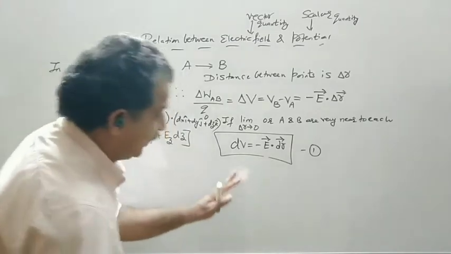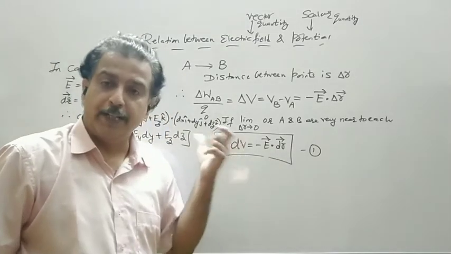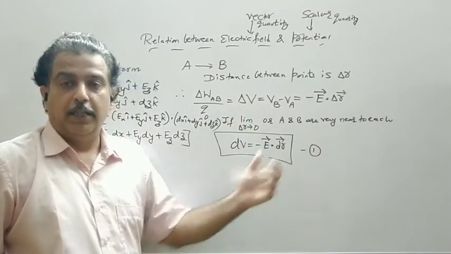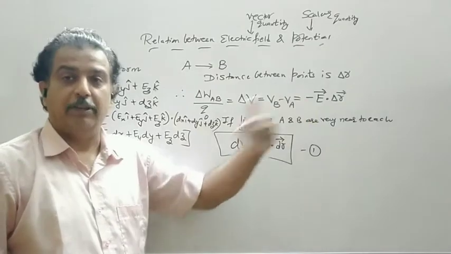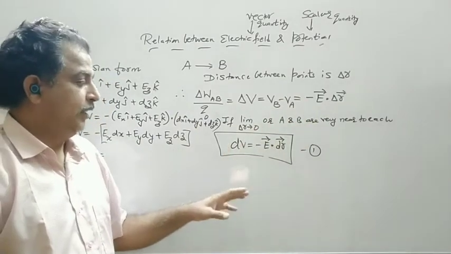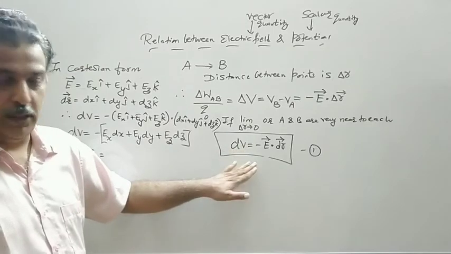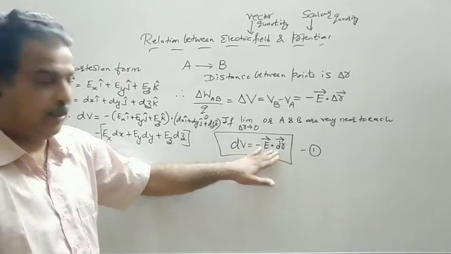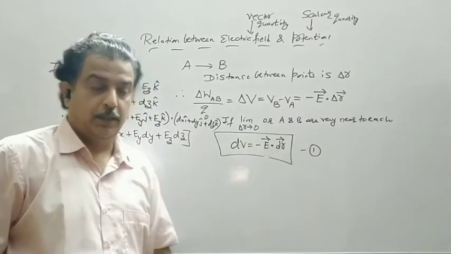For the time being, you keep this in mind that if you are not moving radially inward or outward in the direction of field, or radially away from the field, then we use this as a general formula. We keep a dot, otherwise for 180 and 0 degree the dot will be removed.